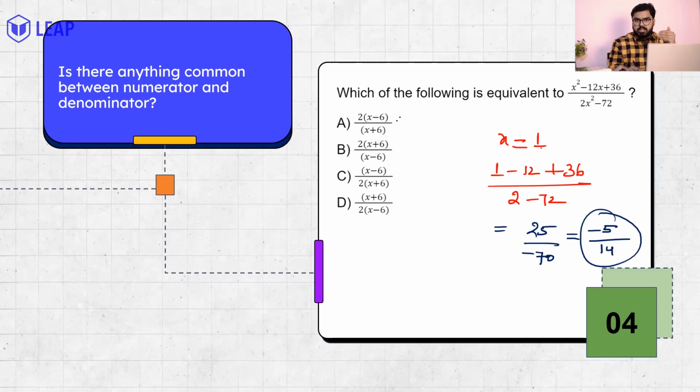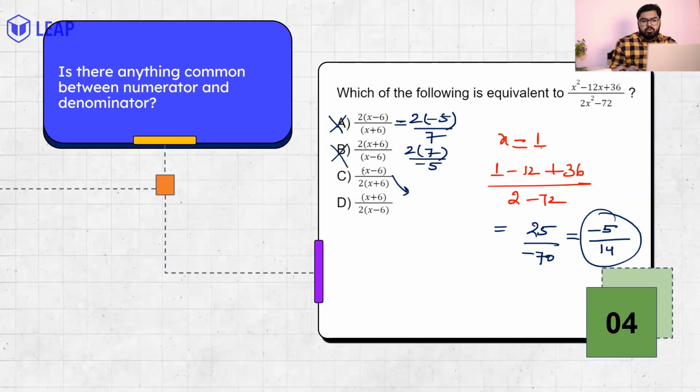I hope you remember the steps of plugging in, and then we move back to the options. So 2 times x is 1, so 1 minus 6 minus 5 over 7. That does not match your target number. Then 2 times 7 over minus 5, that does not match the target number.